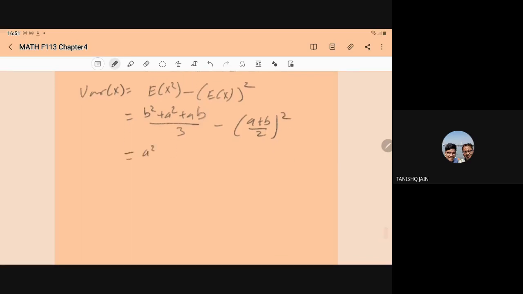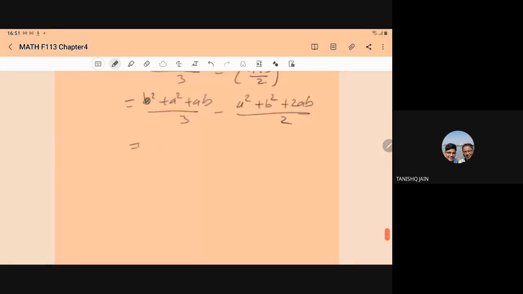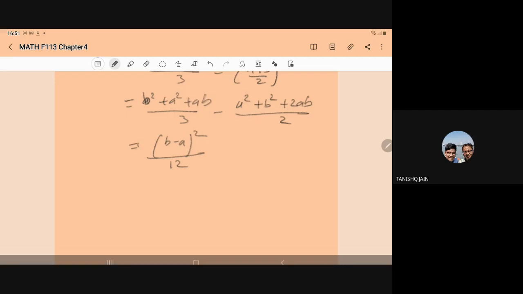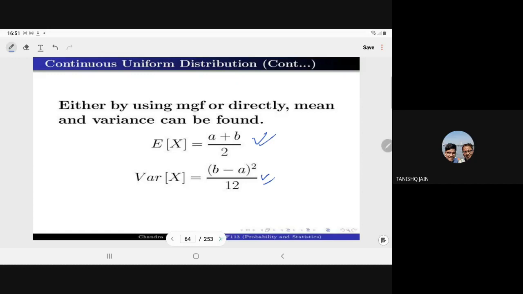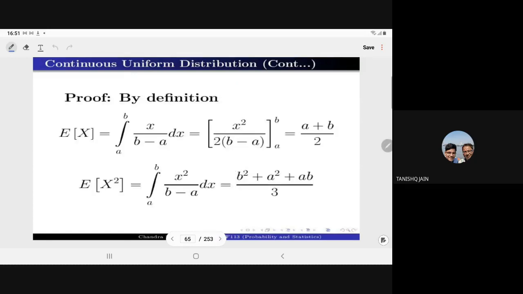So it will give you b square plus a square plus ab upon 3 minus a square plus b square plus 2ab upon 4. So when you take the LCM, it will give you b minus a whole square divided by 12. So here we have the variance of x. So by definition, we have derived this.